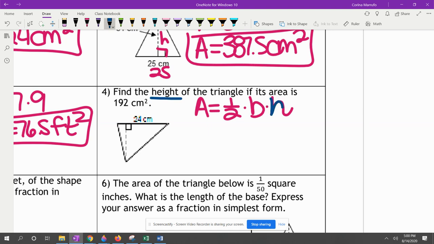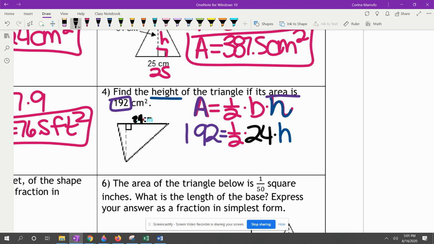So we're looking for h of the triangle if its area is 192. So instead of A, we are going to plug in 192 equals 1/2 times the height, and then our base here, looking off of this picture, sorry, the quality is kind of bad, but our base is 24.